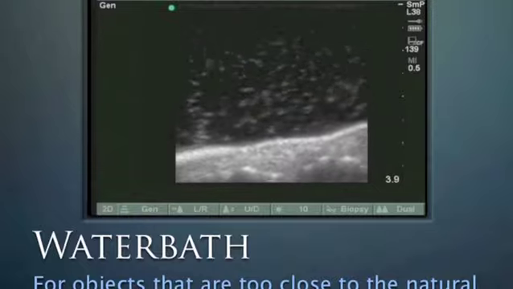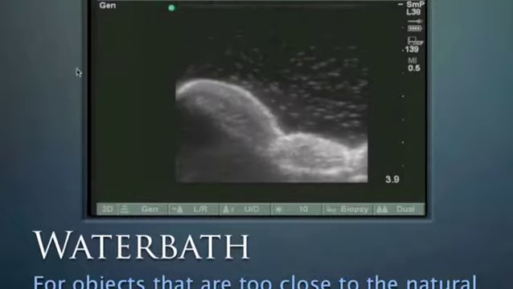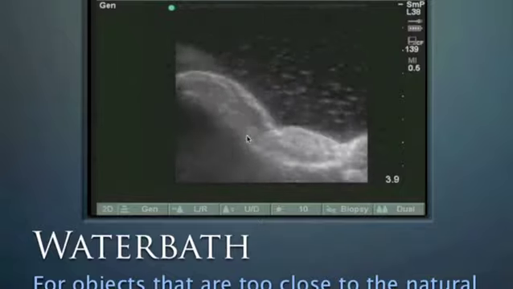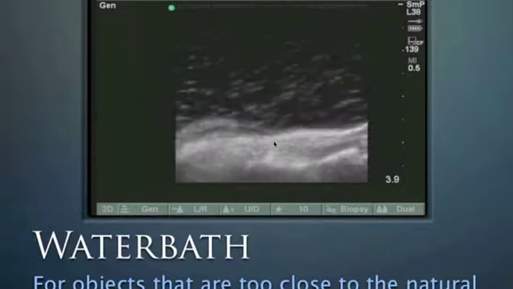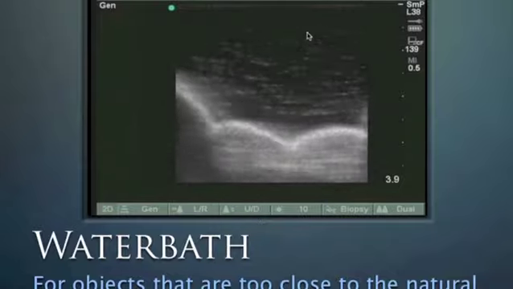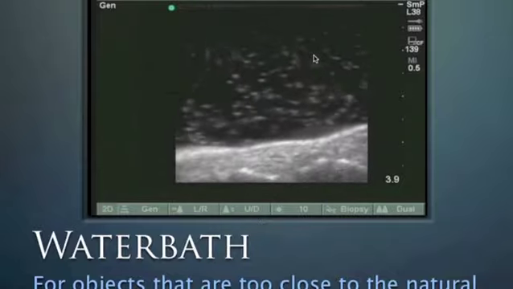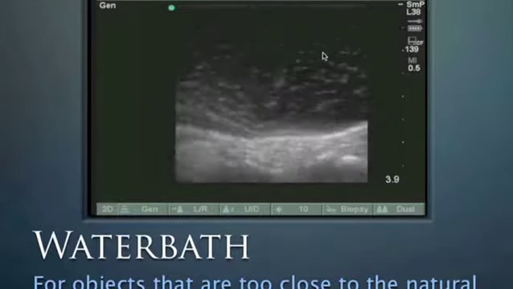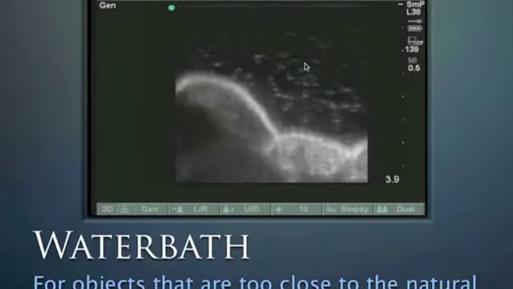This is what a water bath looks like here for objects that are too close to the natural focal point of the transducer. This is just the palmar surface here of the finger, and we can see all these specular reflectors here, this hyperechoic sort of snowstorm that we see in here.